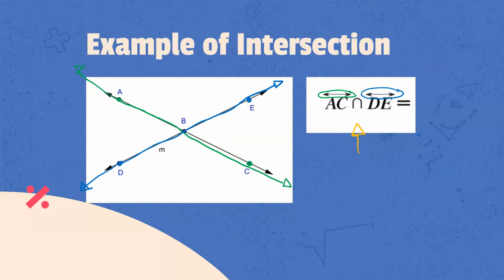And what is being shared? When they cross, what is being shared? If you take a look, what is being shared is B right here. So the answer to this would be simply B, because they both share point B. And that's all there is to intersection.